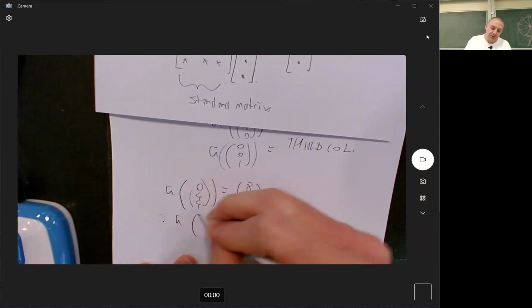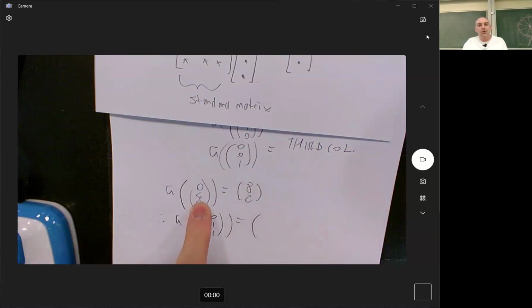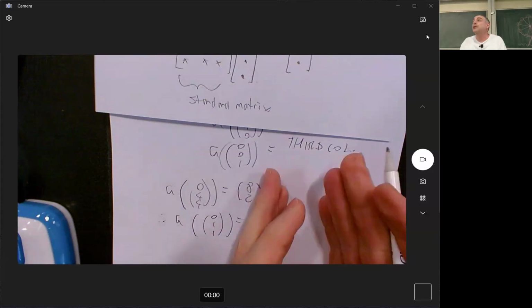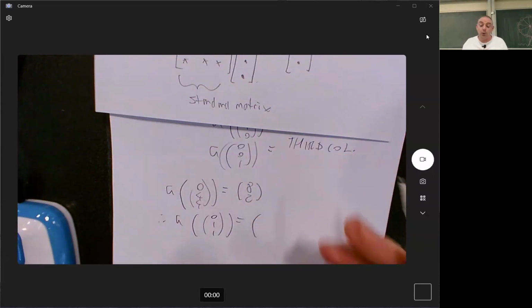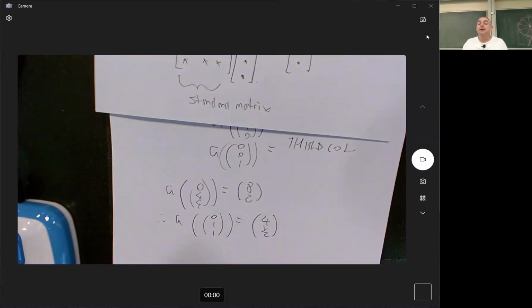And so therefore G of 0, 1, 1, dividing this by 4 will mean dividing that by 4, because that's how linear transformations work. If you multiply an input vector by a number, then you also multiply the output vector by the number. And I'm going to multiply it by a quarter.